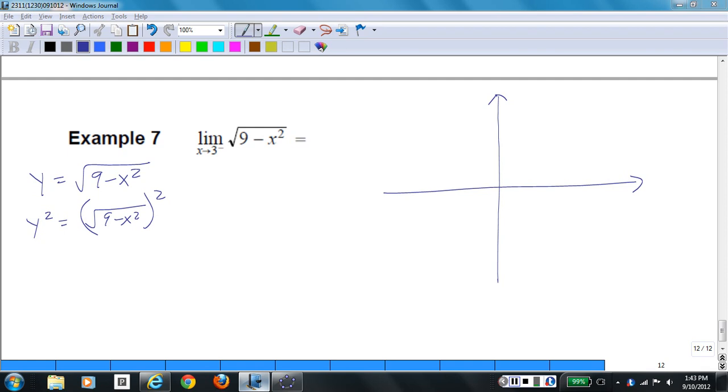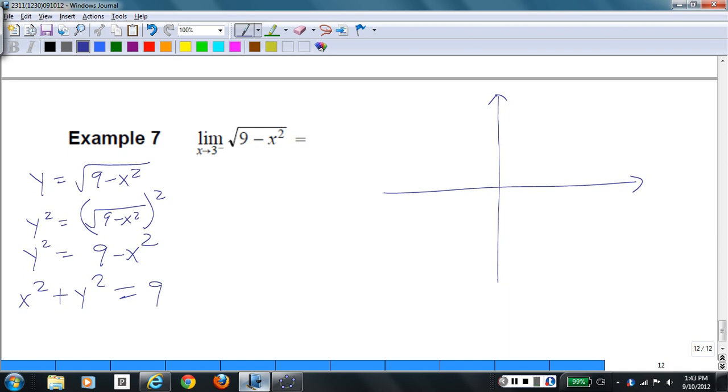If we look at y equals the radical and then we square both sides, we'd have y squared equals the square of the radical. So y squared equals 9 minus x squared. A little more familiar without the radical. If we add the x squared to both sides, we get x squared plus y squared equals 9, which is what? It's a circle.